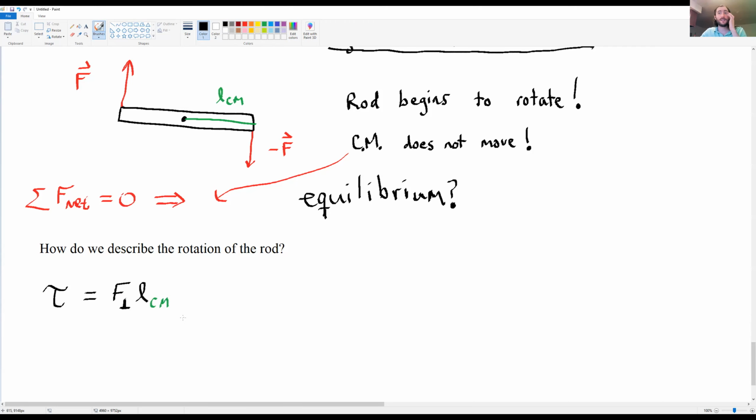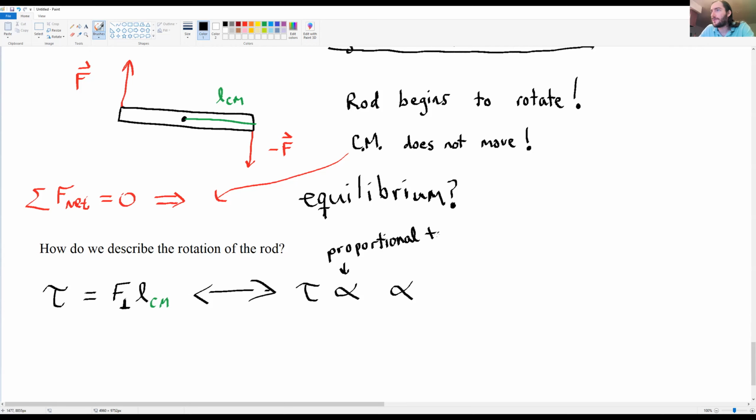And then the next logical thing to do here, maybe it's not so obvious, would be to say that if we have a torque, then we want to make a statement something like torque is proportional to angular acceleration. Sorry that there's a repetition of symbols here. This is alpha meaning proportional to. This doesn't happen very often in physics, but sometimes we have the same symbols.